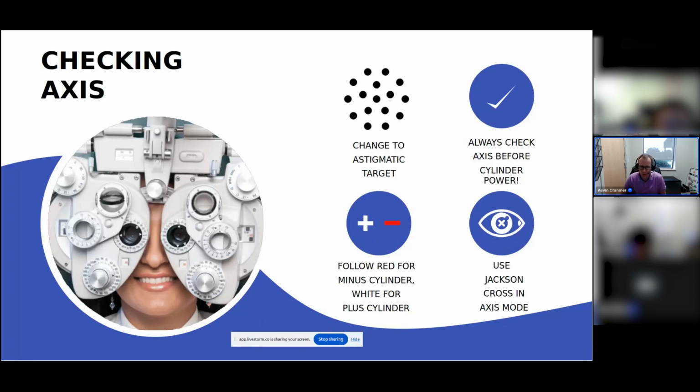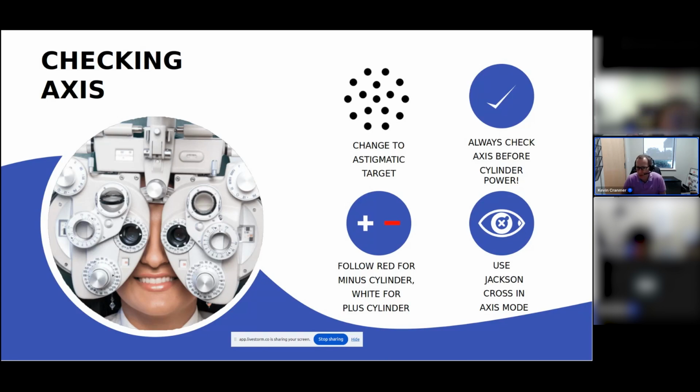They may be clear or they may be more blurry, and it's confusing for the patient. If you show them letters, some letters may be clearer than others. But when you use the astigmatic target with these dots in a radial pattern, it eliminates that confusion. No matter what direction their astigmatism is, it won't matter, and it makes it much easier for the patient.